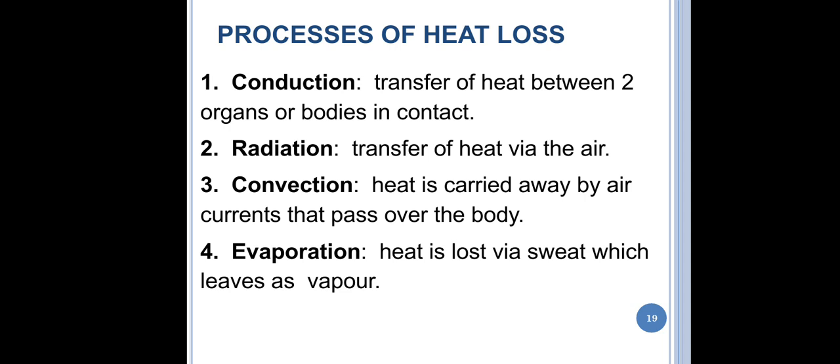Let's say in cases where someone is receiving heat from the brazier, that is via radiation. Then convection is where heat is carried away by air current that passes over the body. Convection happens maybe due to you've taken some warm water, or that. And evaporation is just loss of heat via the skin, maybe through sweating.